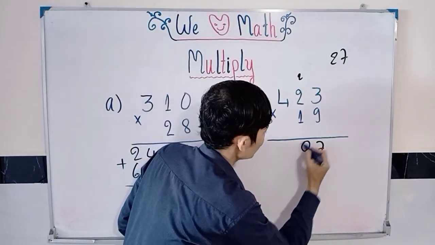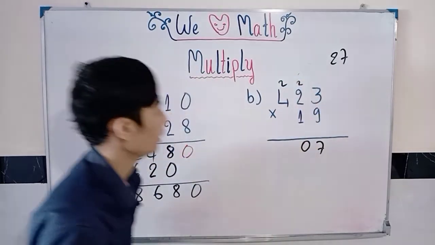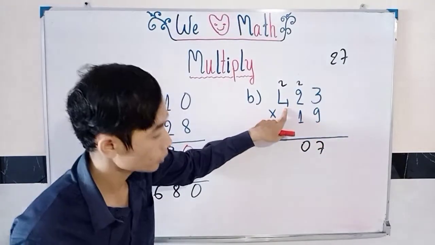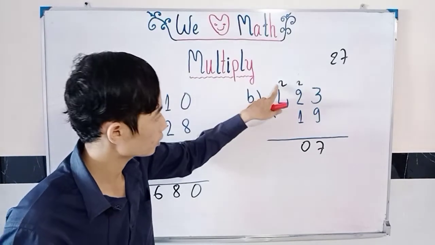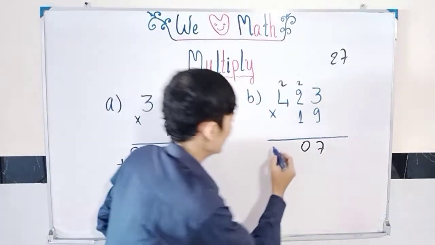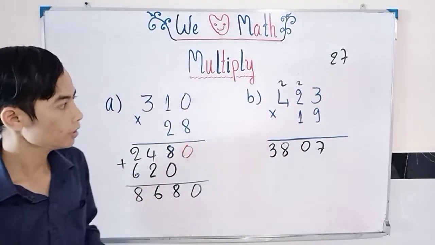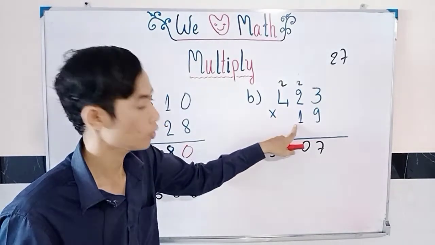We write 0 and we carry the 2. Next, 9 times 4 equals 36. 36 plus 2 equals 38, right?